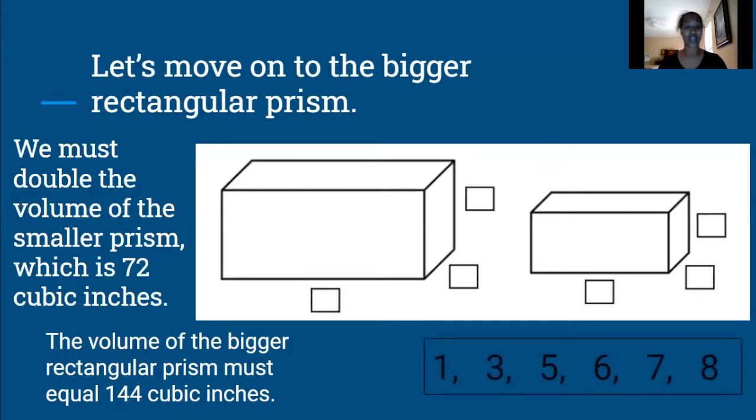Here are the numbers that we have remaining. We doubled 2 digits in the first rectangular prism, so let's think about doing the same. What numbers, if we add that number to itself, will give us the double digit? 3 and 6. 3 plus 3 gives me 6, or 3 times 2 gives me 6. So at least we have the first 2 digits, our height and our width.